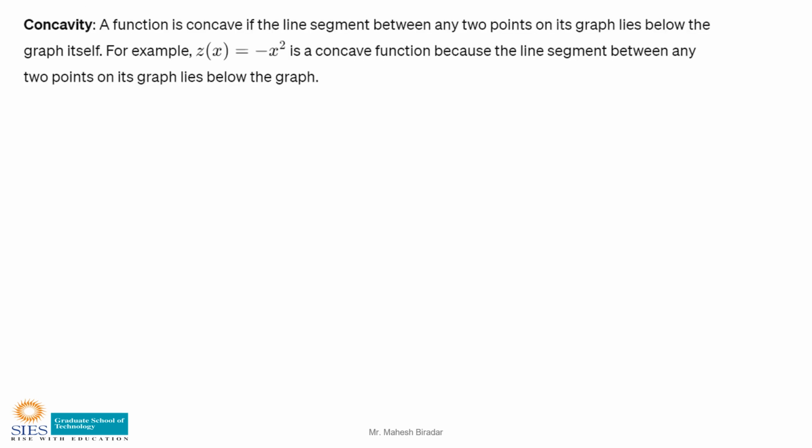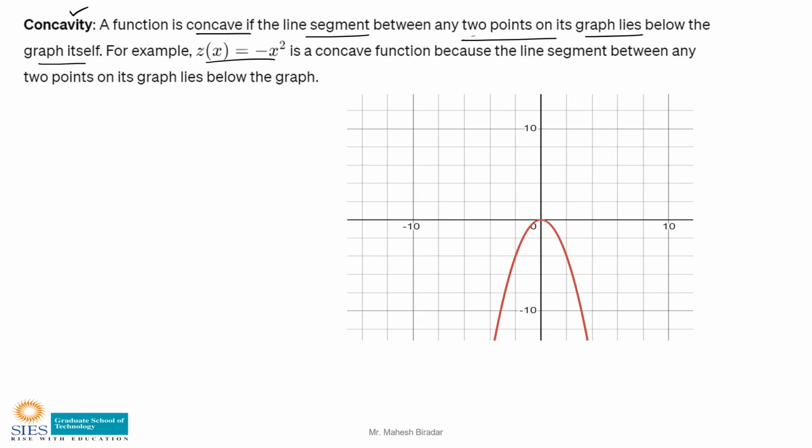Let us understand what is meant by concavity. A function is concave if the line segment between any two points on its graph lies below the graph itself. For example, z of x is equal to minus x square, and if you join any two points on this graph, this line segment lies below the graph.